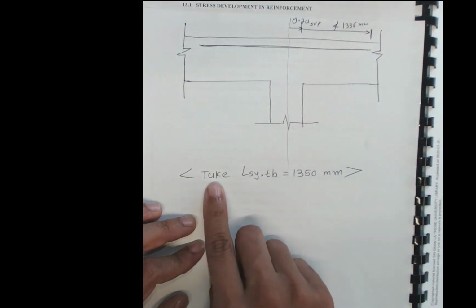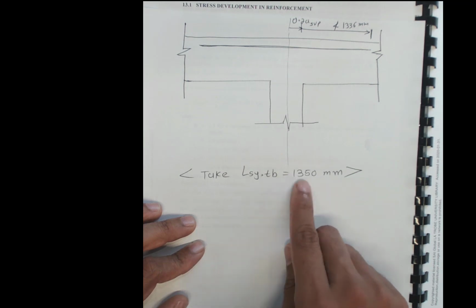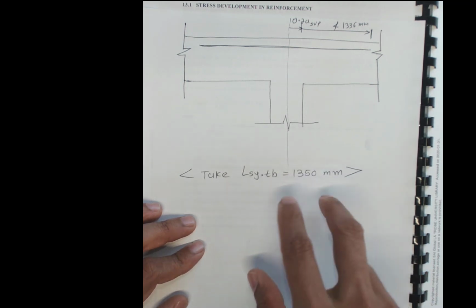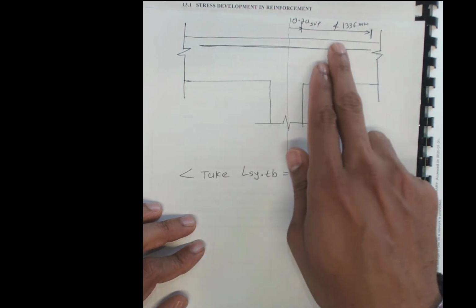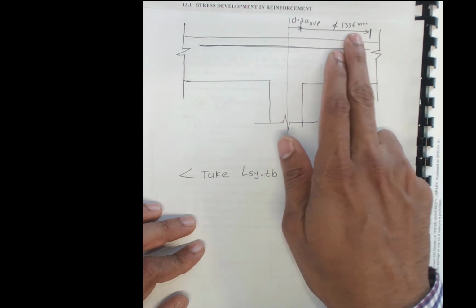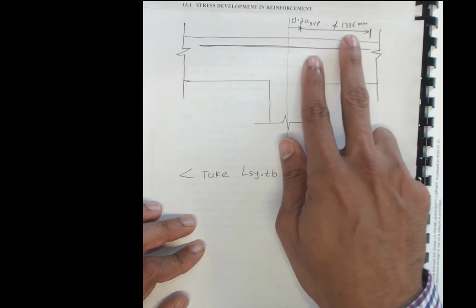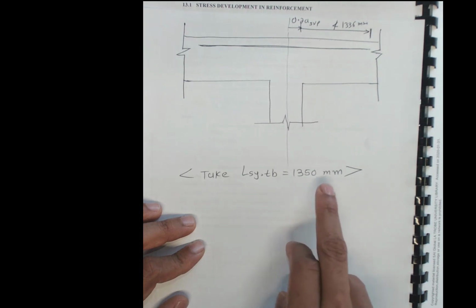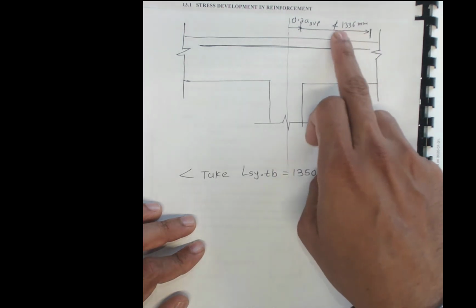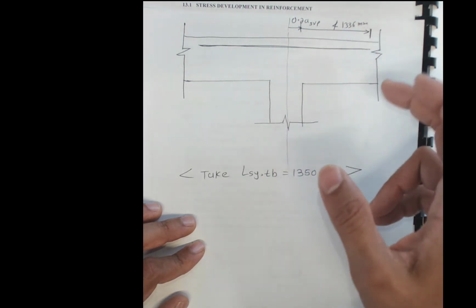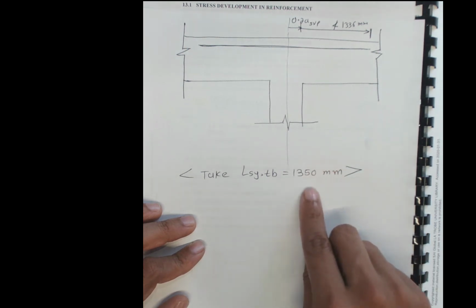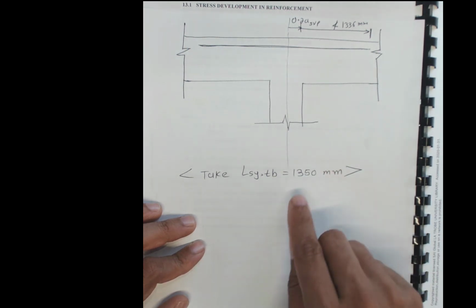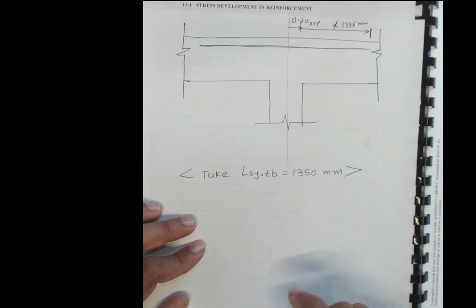So we round up and take the development length as 1350 millimeters. For construction purposes it is very difficult to measure 1336 millimeters, so we can provide a larger rounded number, 1350. For your answers, theoretically 1336 is not wrong, but for practical reasons we just take the round number 1350 millimeters.